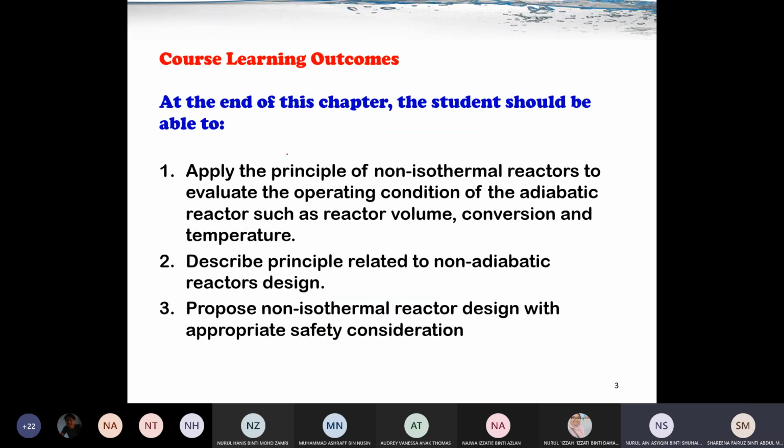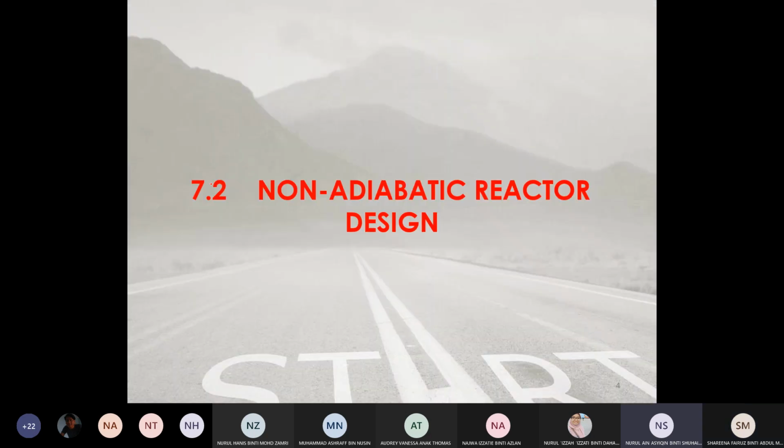Sometimes in non-adiabatic operation, for example, you require a coil, whether for cooling or heating. Sometimes it is inside the reactor, or you put the heater or cooler outside.